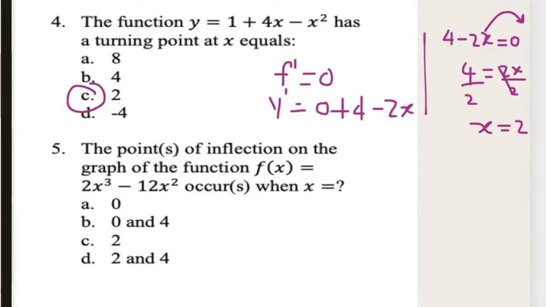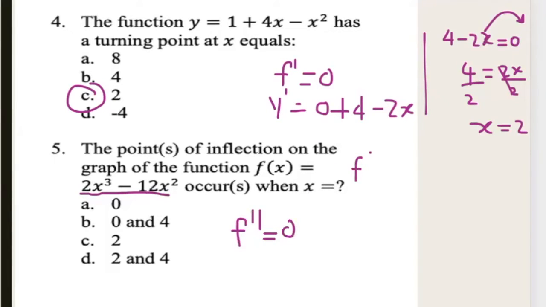The points of inflection on the graph of the function f x equals 2x cubed minus 12x squared occur when x equals which of the following? Now, for the point of inflection, it's when f double prime is equal to 0. That's when we have a point of inflection.